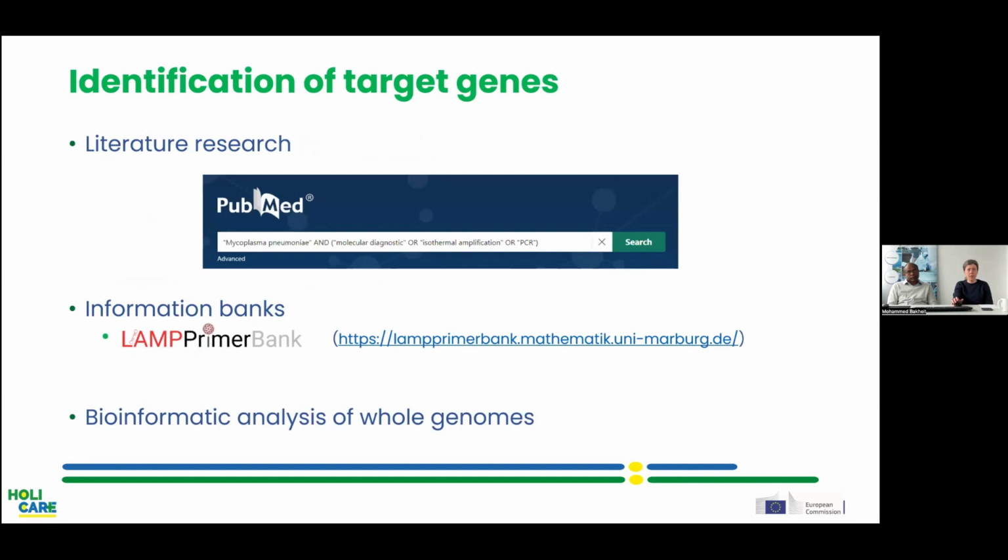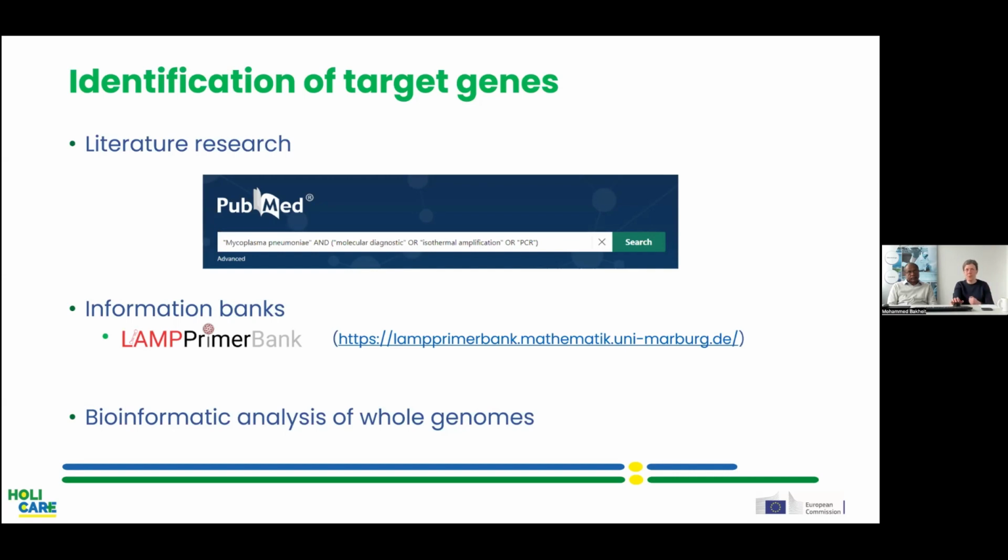And then there are also other databases, like information banks that contain information on a certain topic. For example, there's an information base for Mycobacterium tuberculosis, and here we have listed the LAMP Primer Bank. This is a collection of published LAMP assays and target genes for respiratory pathogens.